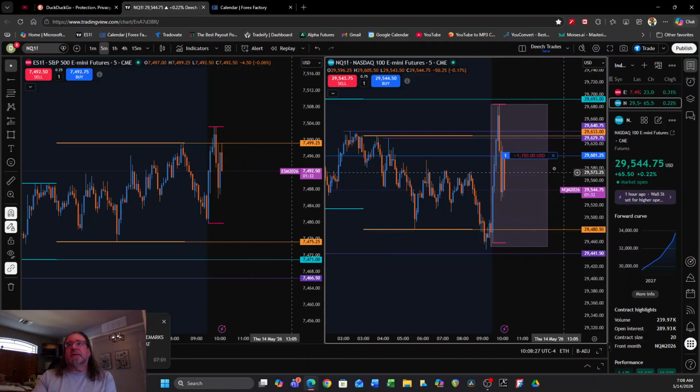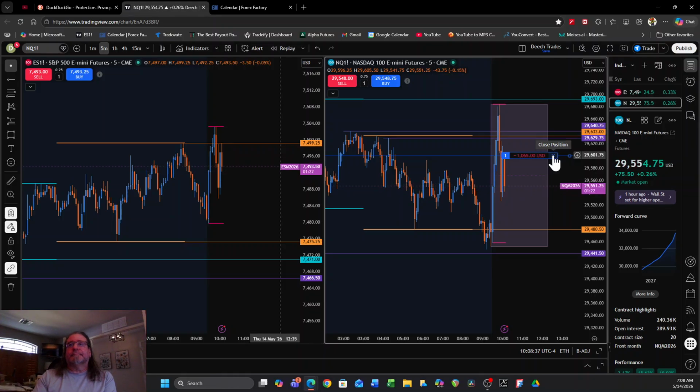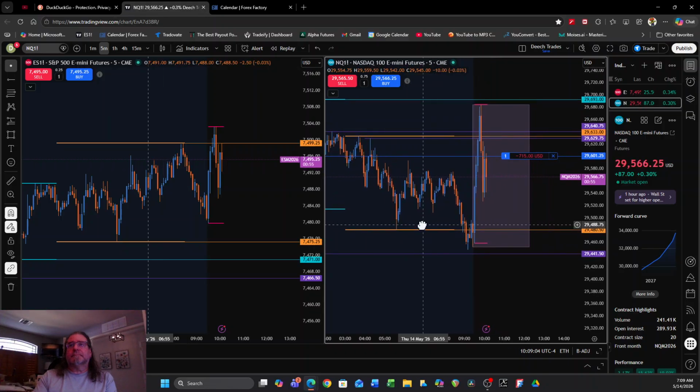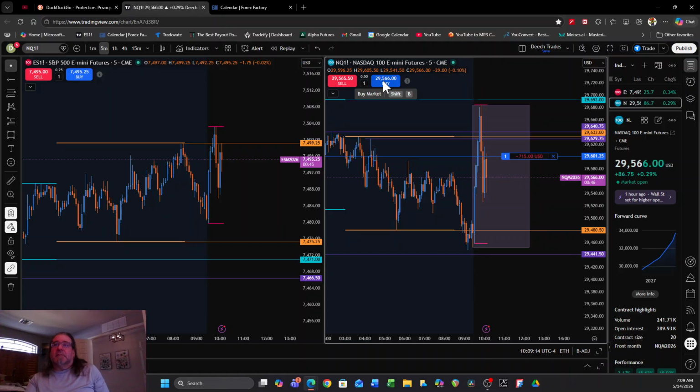This is going to drop. It's going to keep dropping. It's not coming back up, is it? If you close above equilibrium, then I might just double down.